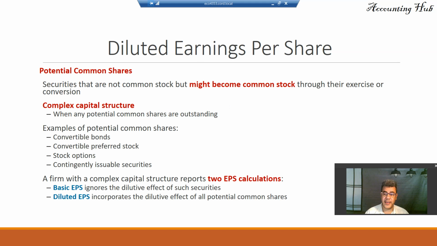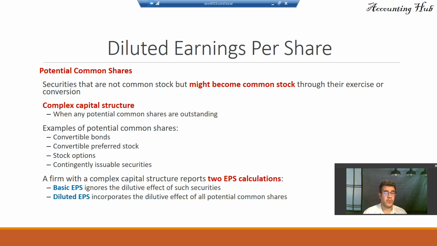And what is the difference between basic and diluted earnings per share? Everything that relates to basic also relates to diluted. However, for diluted we have additional topics: potential common shares, securities that are not common stock but might become common stock through their exercise or conversion. Complex capital structure exists when any potential common shares are outstanding.